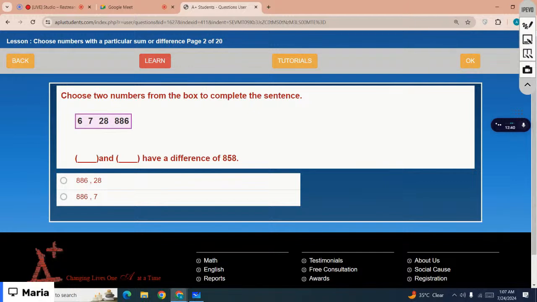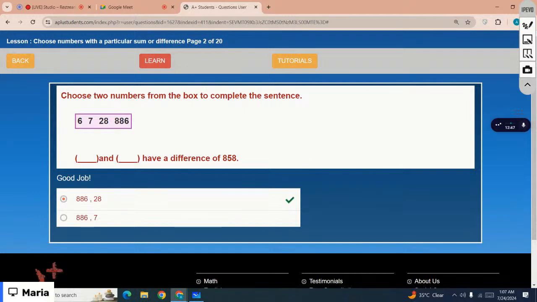Very good. That's option number one, 886 and 28. When you subtract them, the answer is 858. Very good.